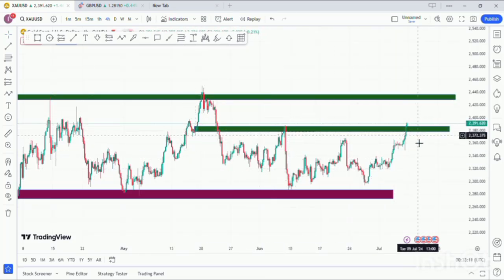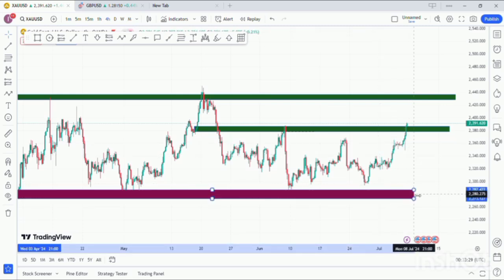So right here you can see that price broke out of this resistance zone, so we'll be expecting price to continue upward to the next resistance zone just above. But on the flip side, if price decides to reverse from where it is, we'll be expecting price to reverse downward to this support zone just below, guys.